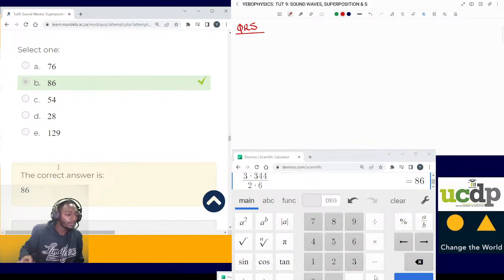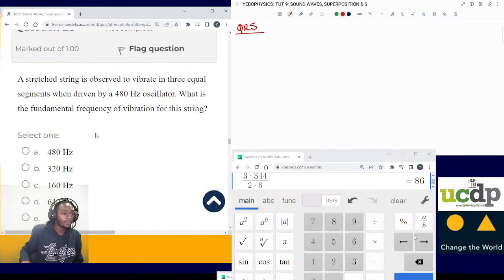Question 25 reads, a straight string is observed to vibrate in 3 equal segments when driven by a 480 Hz oscillator. What is the fundamental frequency of vibration for this string? Okay, so 3 equal segments. So I'm going to put a sketch.